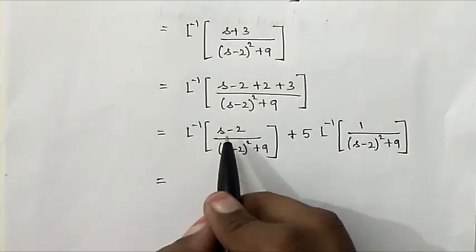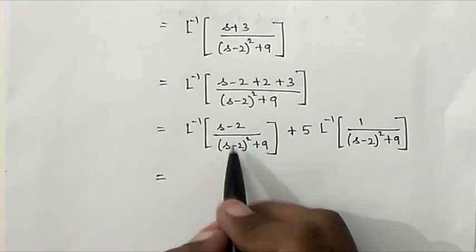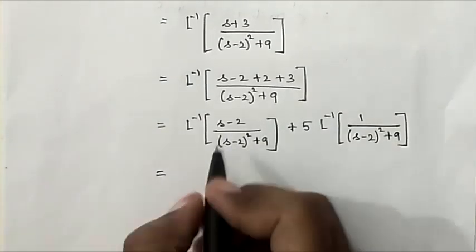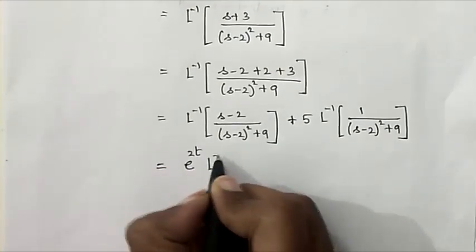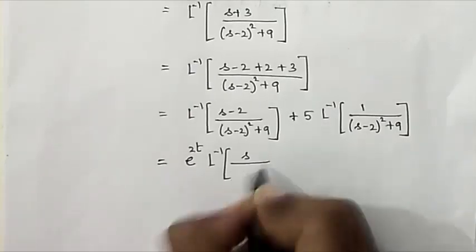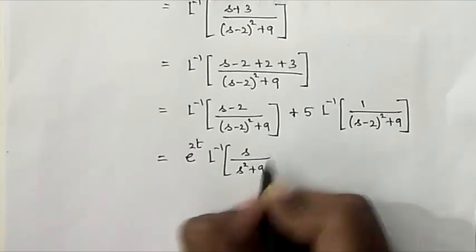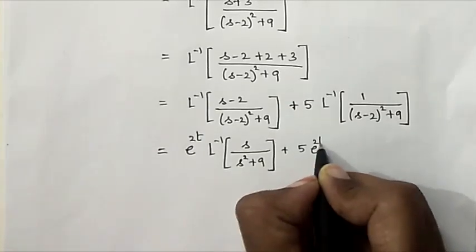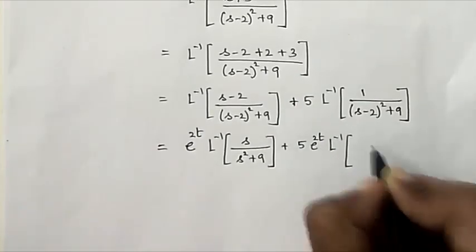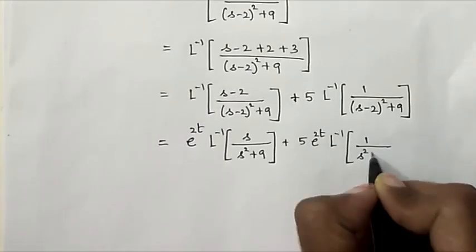Now if you see, the variable s has been shifted as s minus 2. We need to apply the first shifting theorem and write this as e power 2t L inverse of s by s square plus 9 plus 5 times e power 2t L inverse of 1 by s square plus 9.